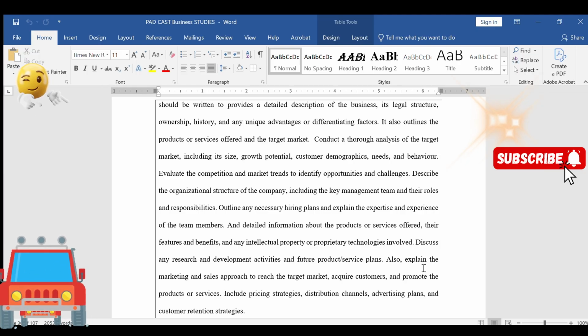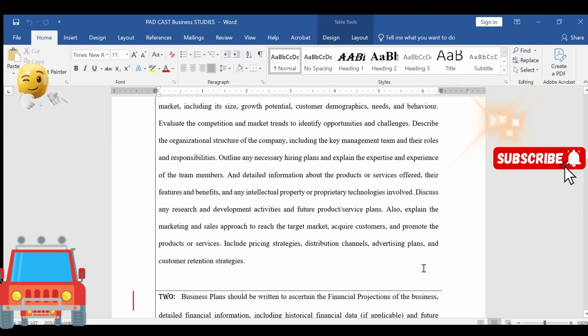Describe the organizational structure of the company, including the key management team and their roles and responsibilities. Outline any necessary hiring plans, explain the expertise and experience of the team members, and detail information about the product or service offered, their features and benefits.